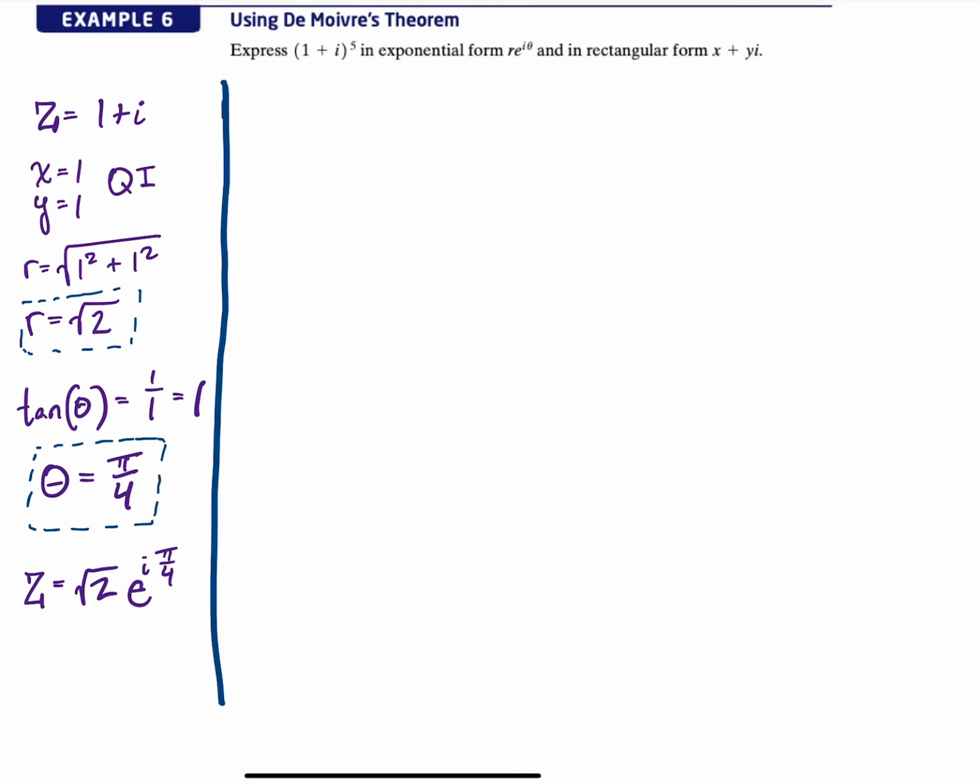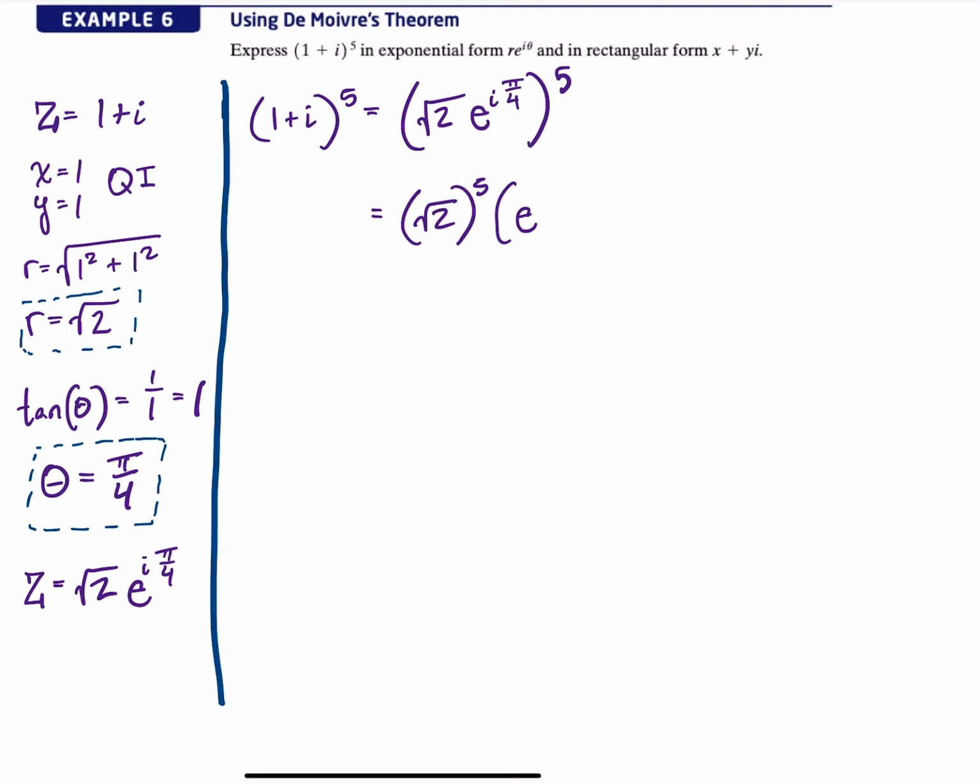When we're saying we want to take 1 plus i to the 5th power, we can express that in our exponential form as the square root of 2 times e to the power of i pi over 4, to the 5th power. So the root 2 will be raised to the 5th power. We'll think about what that is equal to. And the e to the power i pi over 4 will be raised to the 5th power.